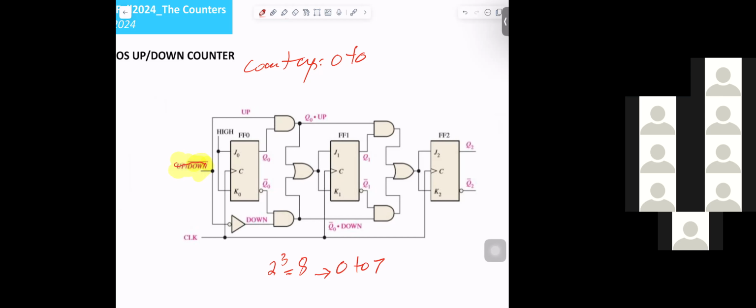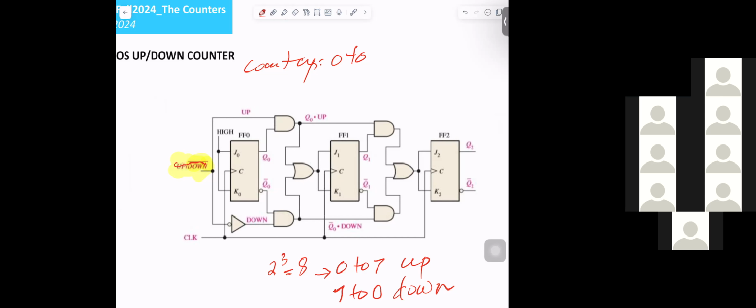This circuitry, you will be counting from 0 to 7. That will be up. If you want counting down, it will be down from 7 to 0. Some may be on the left, number 5.